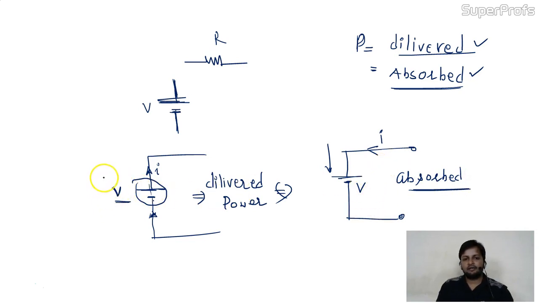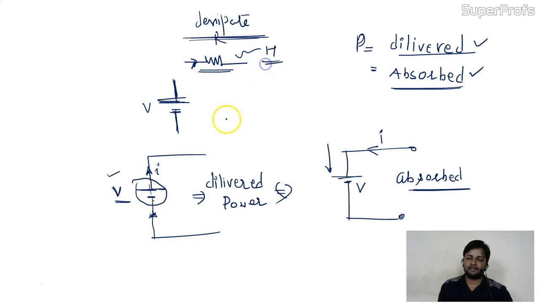Now this is all about the source, but what about the elements? These elements always absorb the energy or dissipate the energy actually. Energy dissipation we call it. Any element will consume the energy and will dissipate it, in the form of heat and so on. Means they are going to spend all the energy.